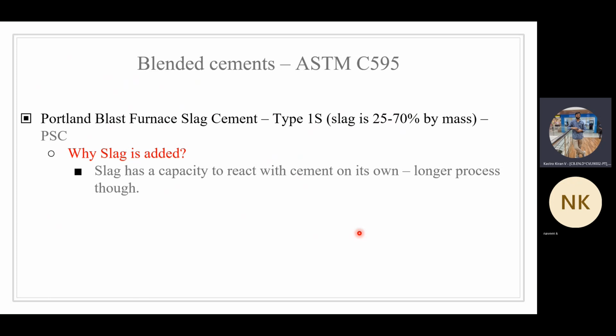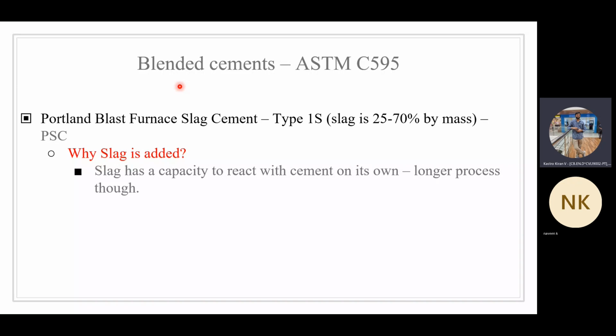You can reduce the amount of carbon dioxide emissions. So that way we are benefiting the environment, and at the same time we are benefiting the construction industry as well, because we are also enhancing the properties of the materials with the use of different types of cement. That's one scenario.